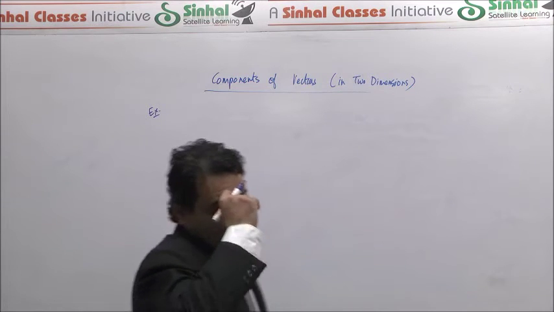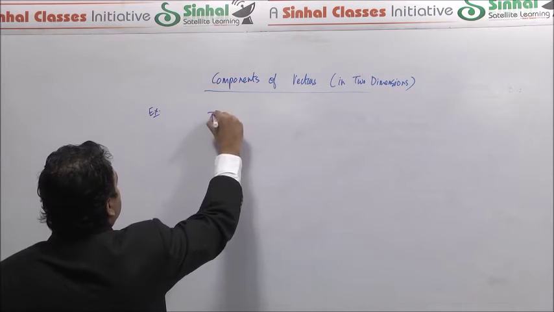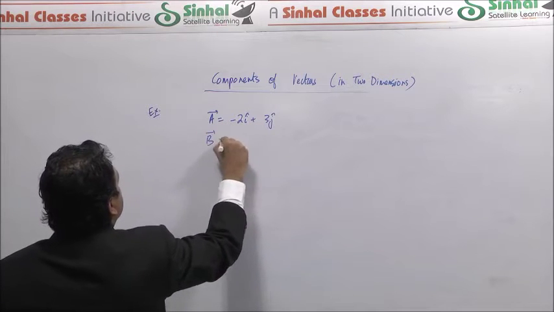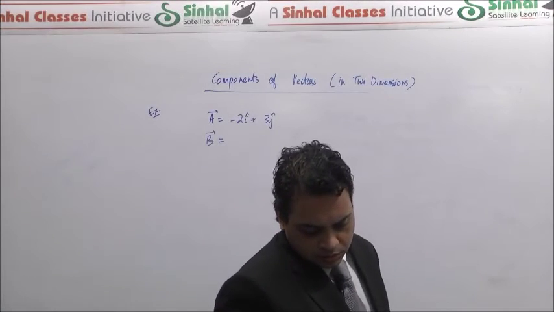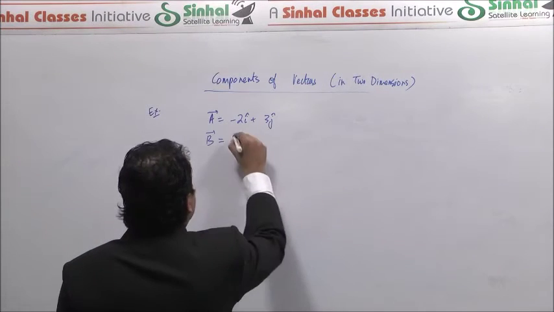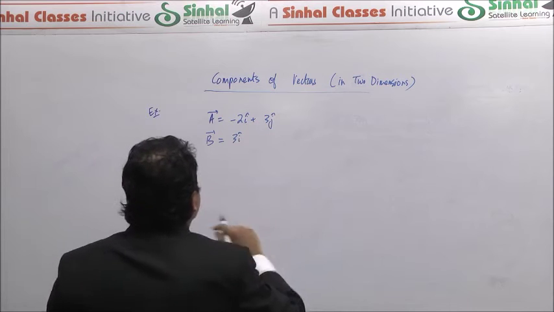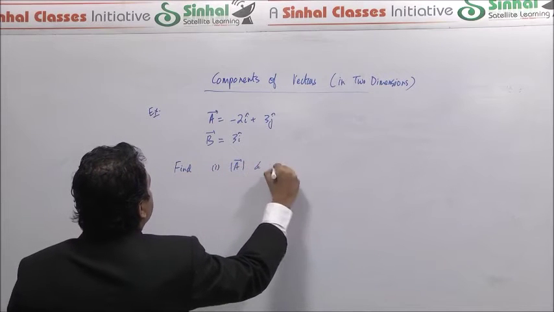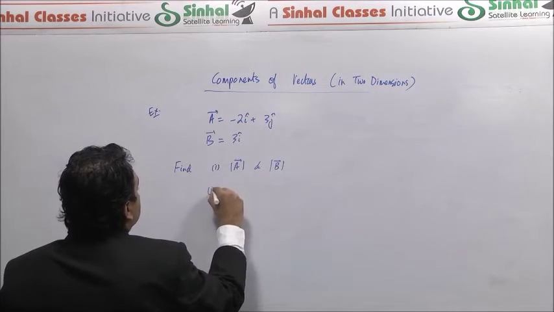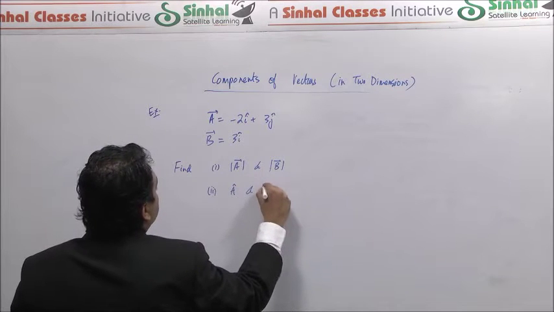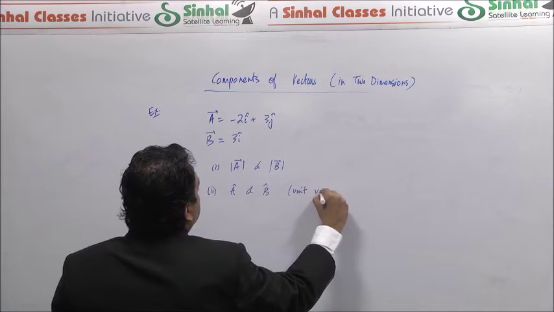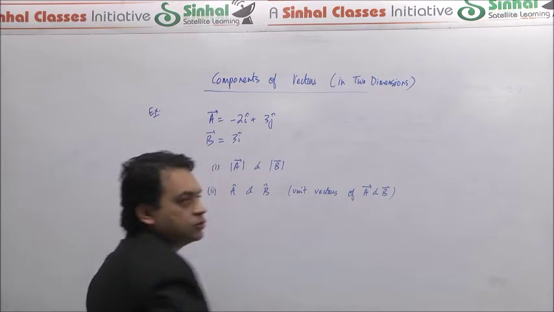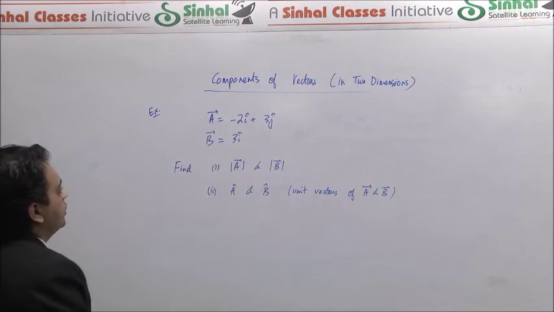Given vectors A, which is minus 2i cap plus 3j cap, and B, which is 3i cap, find the magnitude of A and magnitude of B, and find the unit vector of A and the unit vector of B. Find these out.